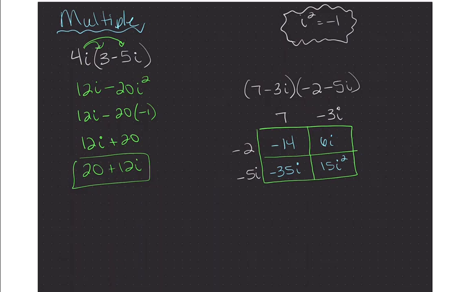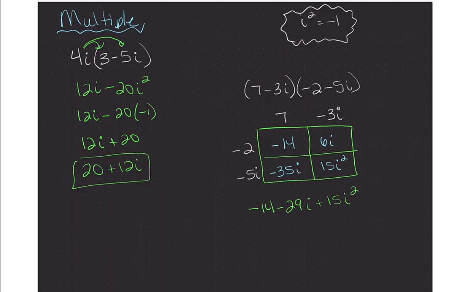So then I'm just going to combine my like terms. So I'm going to get, what do I got? -14. And then how many i's do I have? 6 minus 35 is going to give me -29i. And then I still have my positive 15i squared, right?